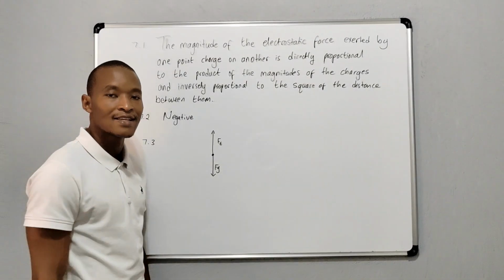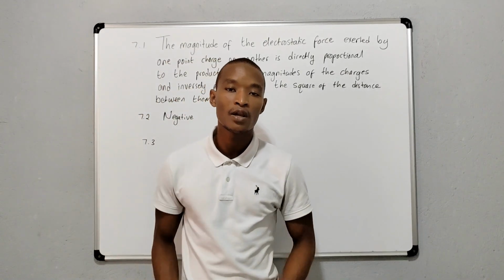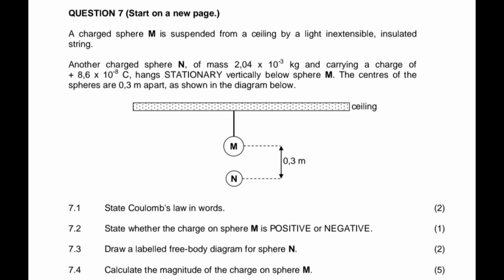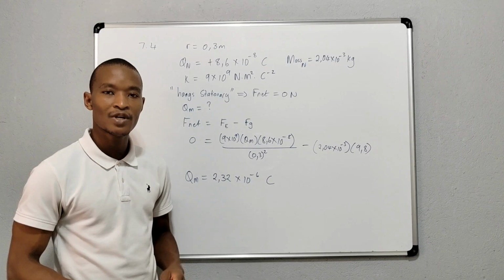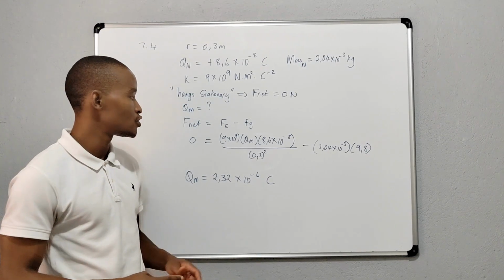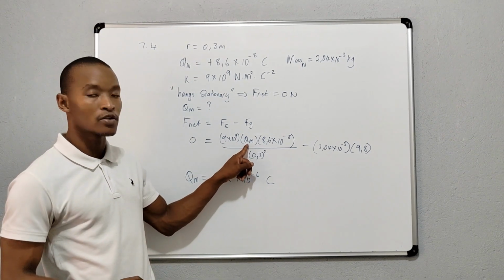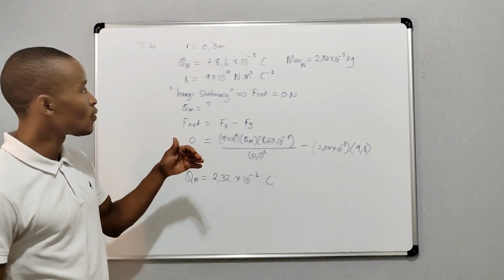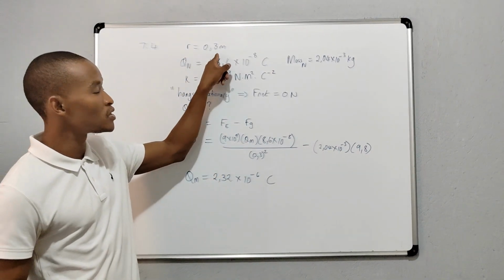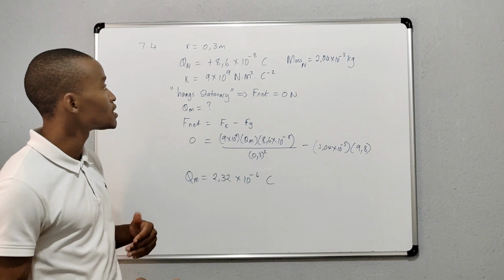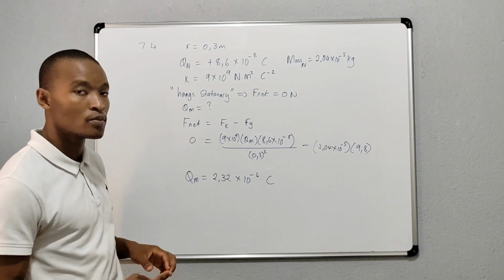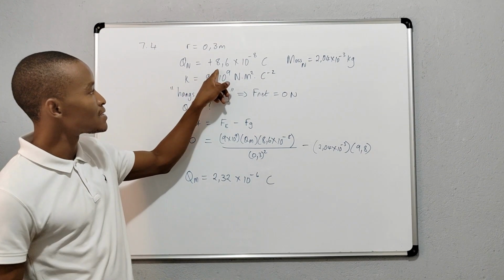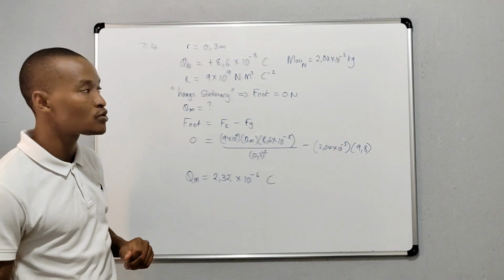Let us look at 7.4, where some calculations are needed. Alright, so in this question, we're asked to calculate the magnitude of the charge on sphere M, right? So that is our only unknown. What is known? We know the distance between the 2 spheres, or the centers of the 2 spheres, is 0.3 meters, and the charge on N is positive 8.6 times 10 to the power negative 8 coulombs.